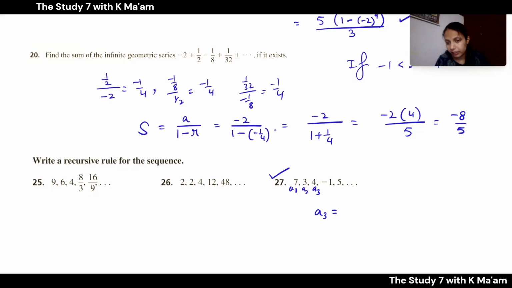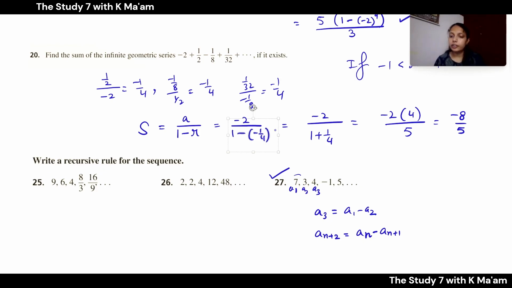If this is the first term, this is the second term, and this is the third term, I calculate the third term by subtracting a1 and a2. Try to write it in nth term form: an plus 2 will be an minus an plus 1.